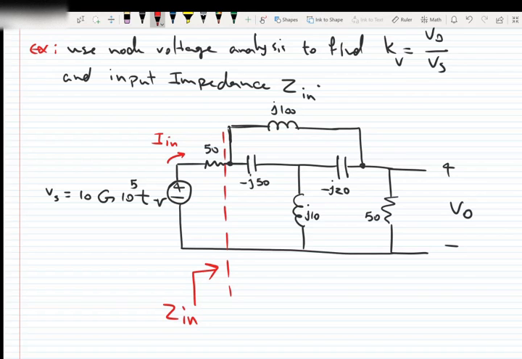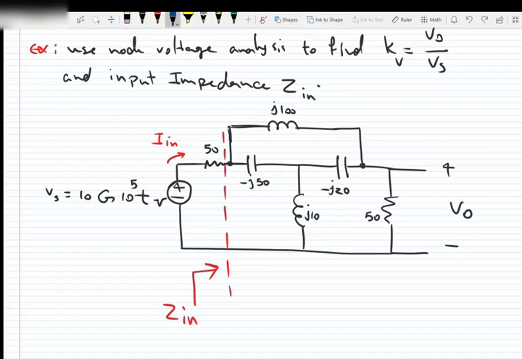The first thing we should notice is that, in order to find the Z in, we need to find the voltage of this point and divide it by the current, so it gives the Z in. Okay, so let me just solve this circuit.